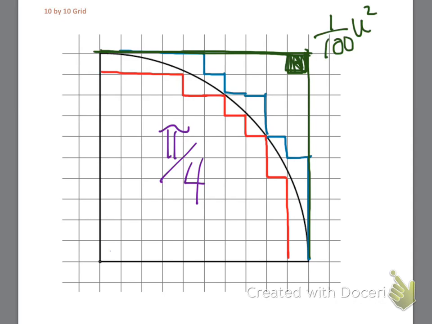So let's count. We could say that pi over 4, let's use purple here, is greater than something and less than something. So what I need to do is count, let's make that red, all these. 1, 2, 3, 4, 5, 6, 7, 8, 9, 10.